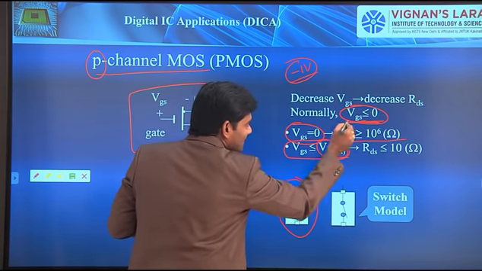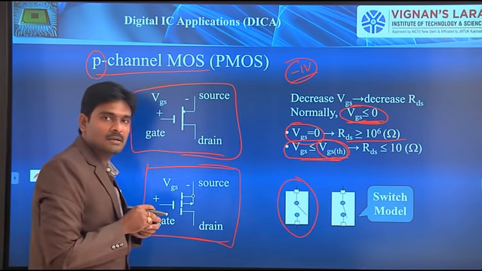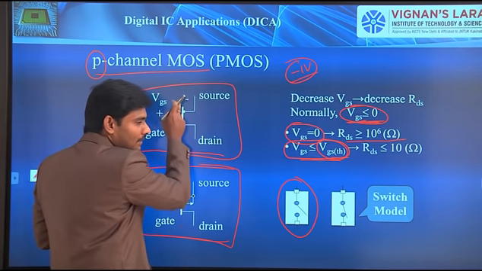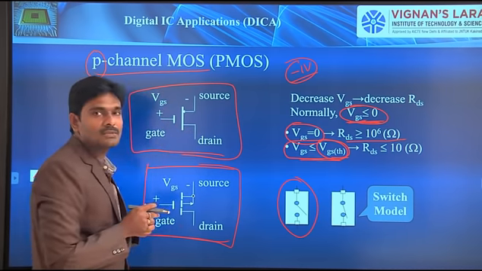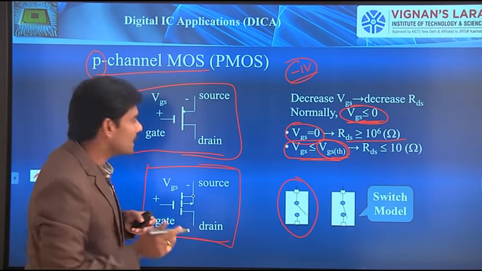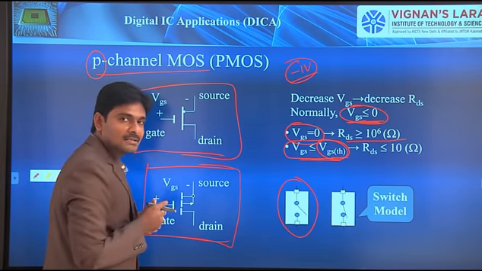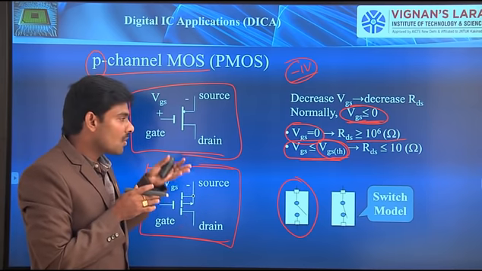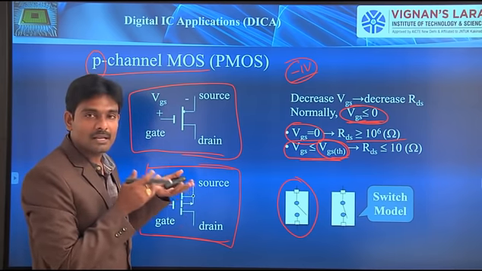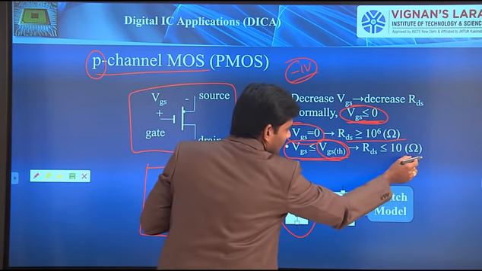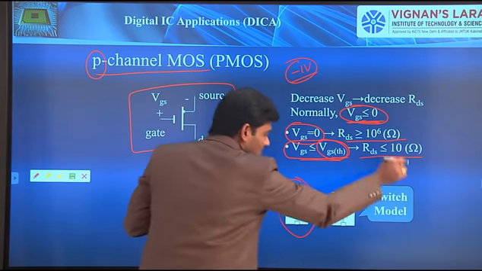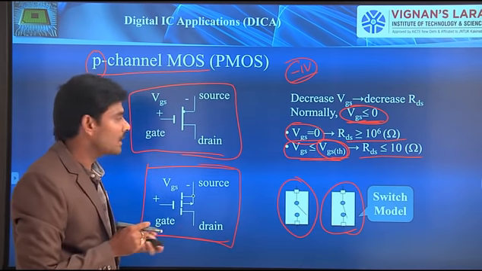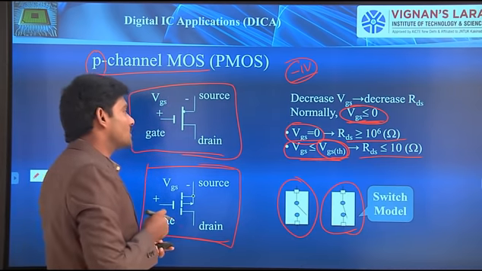By decreasing VGS, once it reaches that particular minus 1 volt, thereafter a conducting path is going to be present in between source and drain. That is nothing but this resistance value drastically decreases and reaches a minimum value of 10 ohms or even less than that. That's what we indicated over here. And this one we can represent with a closed switch. So that is the representation for that.